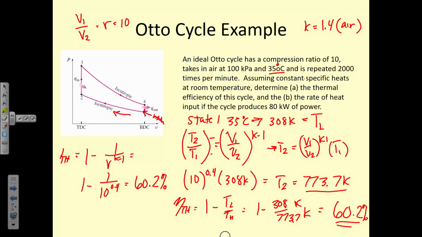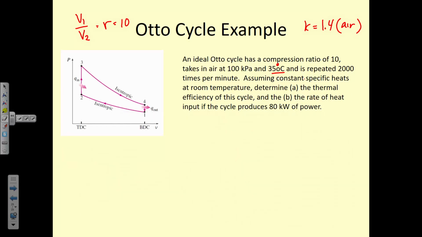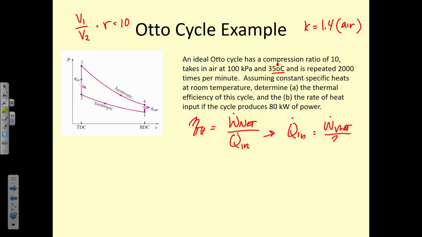Okay, so we found the thermal efficiency. Thermal efficiency is also equal to the work net over Q dot in. So we can solve for Q dot in is equal to the work dot net over this thermal efficiency.